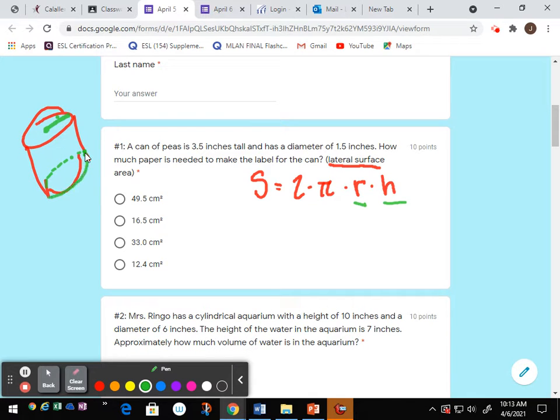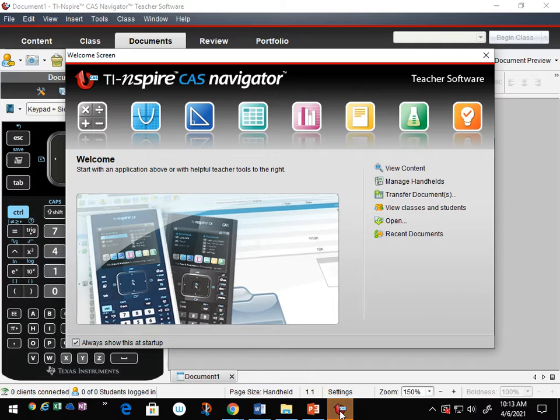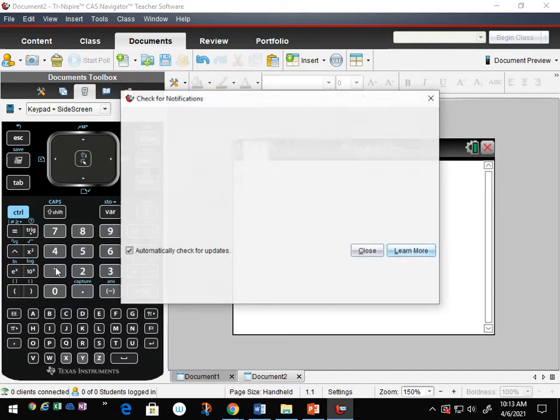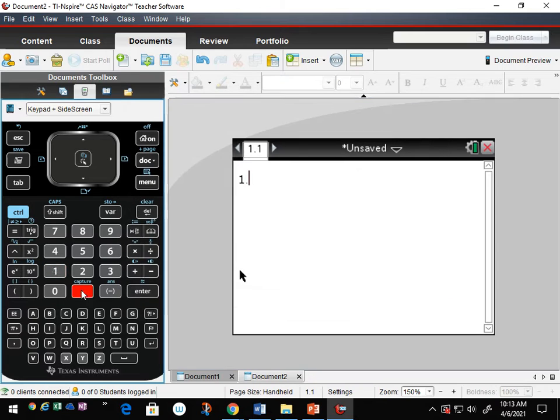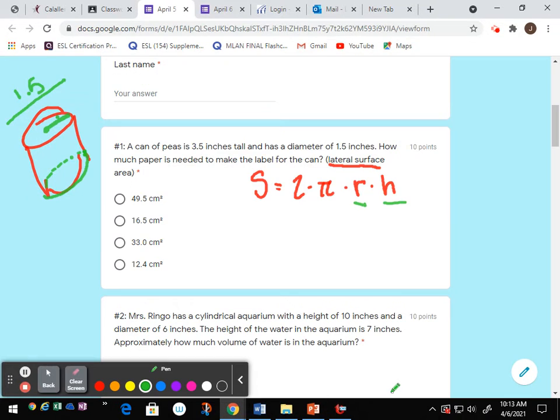So if our diameter is 1.5 inches long, that means if the whole thing is 1.5 inches, half of it is going to be 0.75. Okay. So our radius is equal to 0.75 inches. Our height, it says the can is 3.5 inches tall.